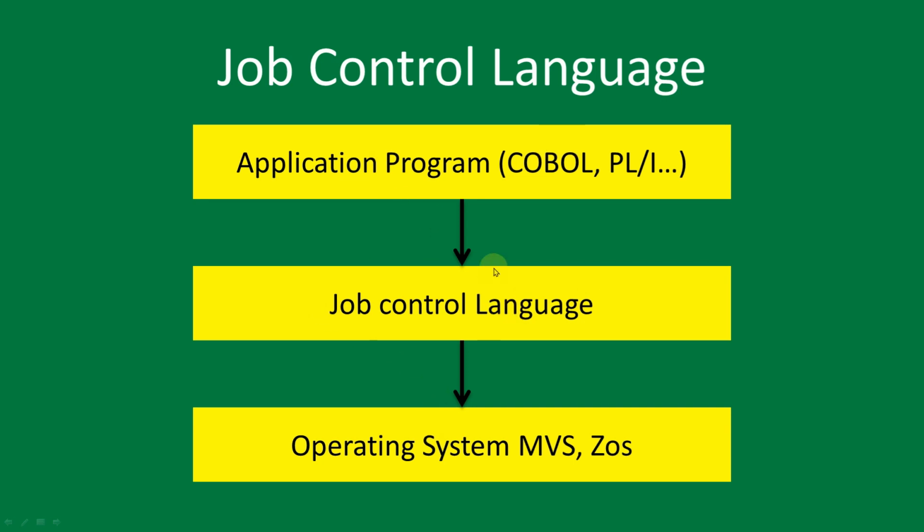Without JCL, we can't execute any program, and the operating system will be z/OS, which is the latest version of mainframe operating system provided by IBM. There are other operating systems as well that you can use. So this is the JCL workflow.